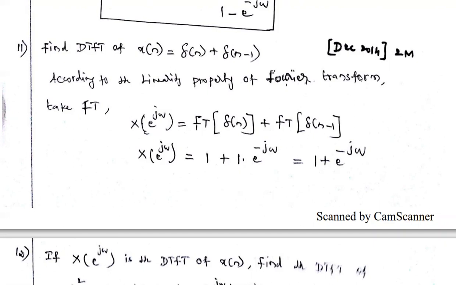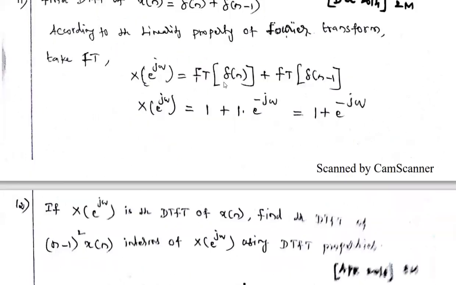According to the linearity property, we take the Fourier transform of the entire expression. The Fourier transform of x of n, capital X of e power j omega, is the addition of the Fourier transforms of the individual terms: the Fourier transform of del of n plus the Fourier transform of del of n minus 1.